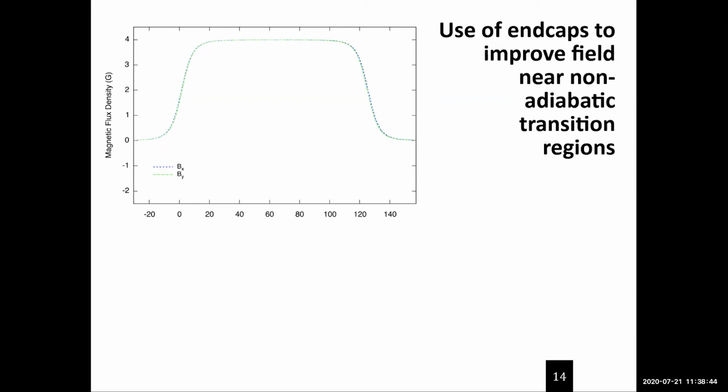And one thing I guess I didn't stress enough is that we need to have adiabatic transport of the neutron spin for most of the length of the coils.